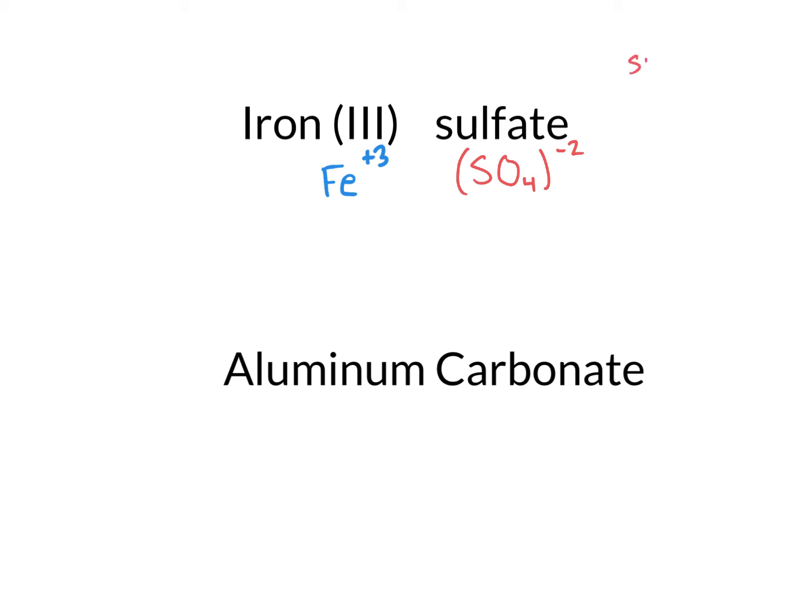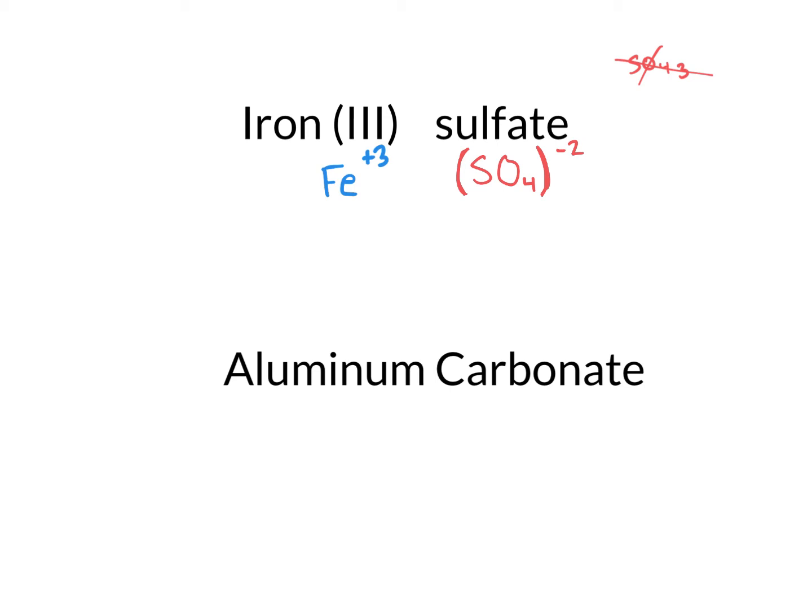The polyatomic was SO4, but I cannot be doing crisscross and putting another number right there. That's just not allowed. So I put parentheses to protect the polyatomic. Everything on the inside will be left alone. All numbers, when you do crisscross, will be on the outside of these parentheses. You cannot change the inside of the parentheses.